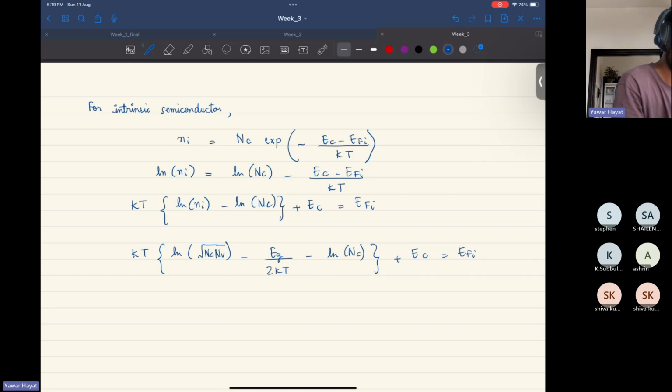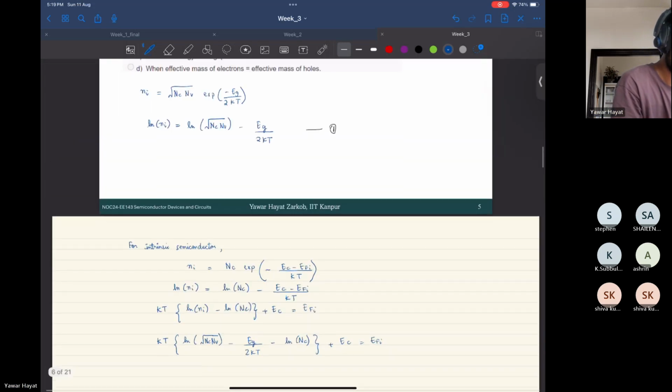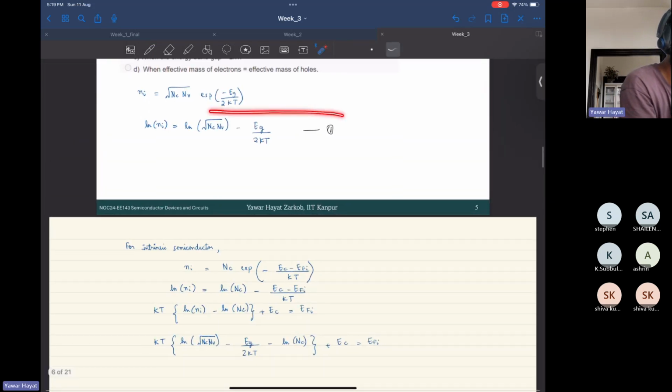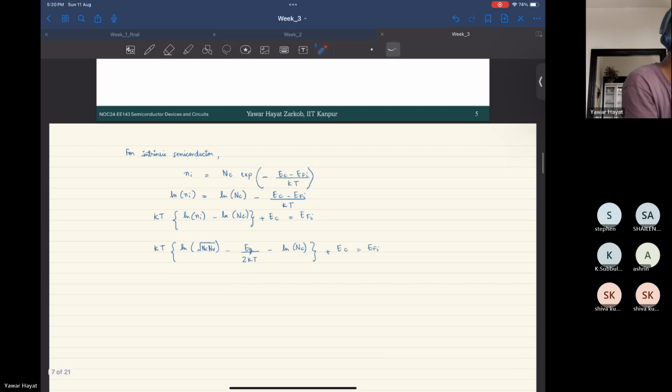What have I done? Instead of ln Ni, I use this ln of square root of NCNV minus Eg by 2kT. This is what I did. Rest of the things are same. I will write this so that you guys don't get confused. This is using the first expression. Then let's continue.